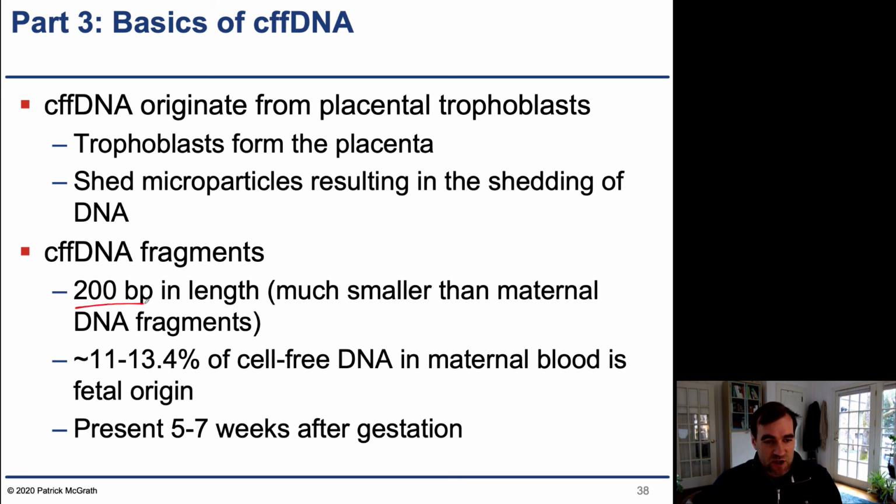The fragments are about 200 base pairs in length, which is much smaller than the maternal DNA fragments. So this is how we're able to identify them, because we can just use size criteria. They're present 5 to 7 weeks after gestation, so you can start to do these tests around 7 or 8 weeks. And approximately 11% of DNA in maternal blood is of fetal origin, so approximately 1 in 10 pieces of DNA.